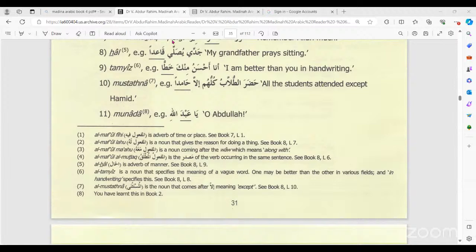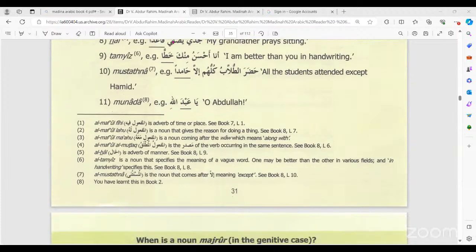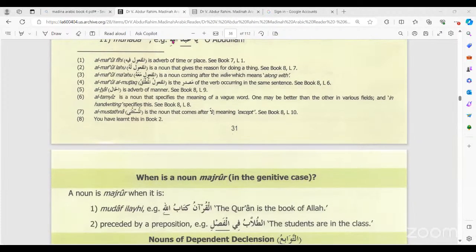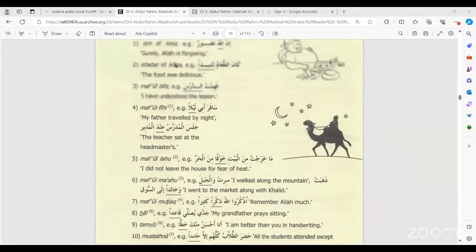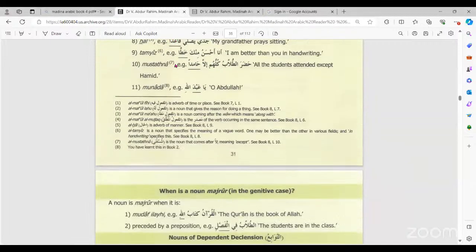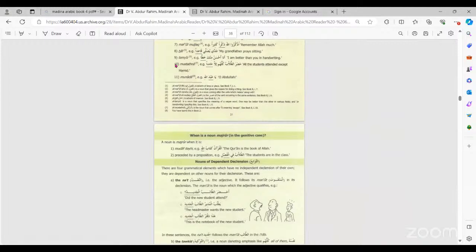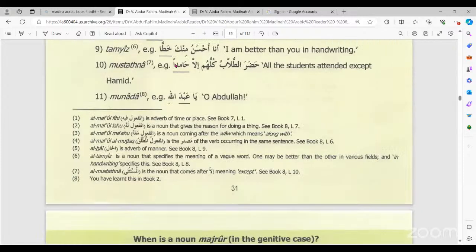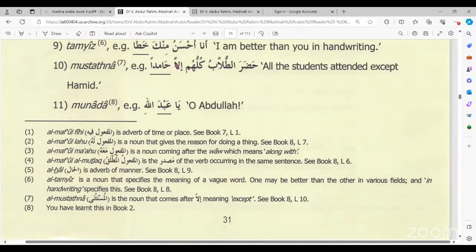Makes sense. Number 11. Munada. Example: Ya Abdullah. So what is happening here? Munada is calling.